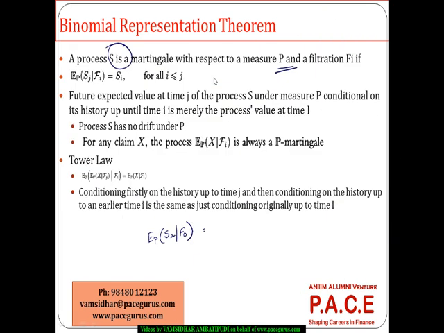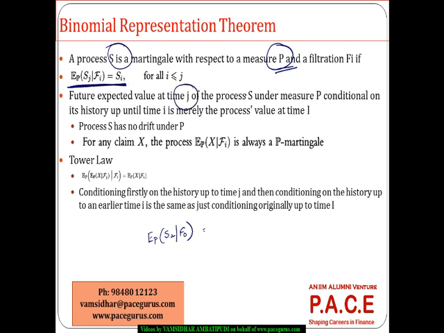Now, what we really want to see is whether a process is a martingale with respect to whichever measure, if it works out with this kind of relation. The expected value of Sj under a filtration Fi is equal to Si, meaning the drift is 0.